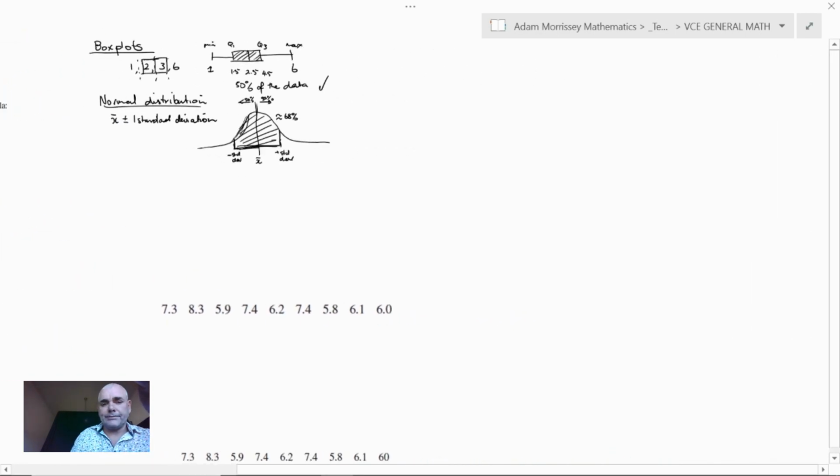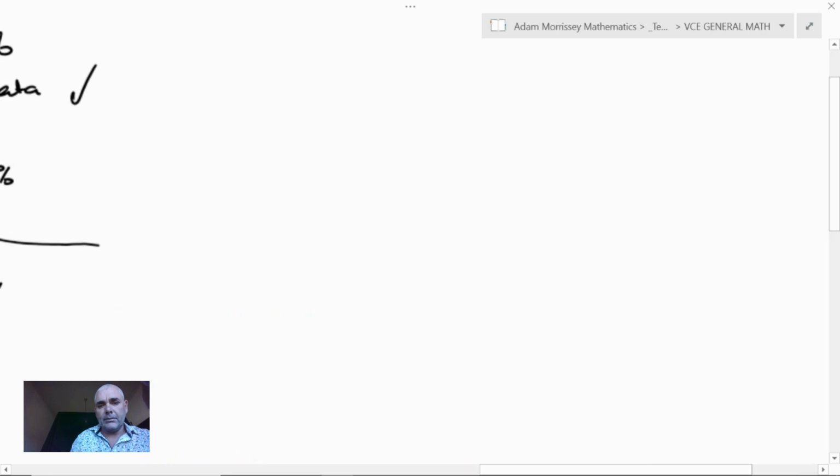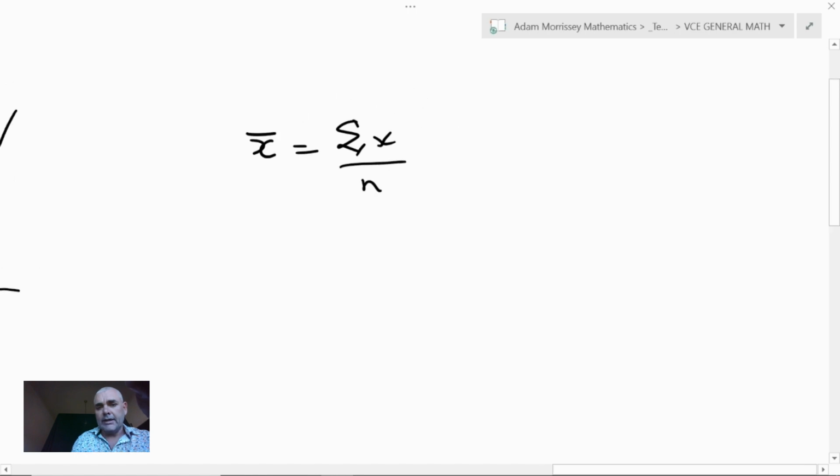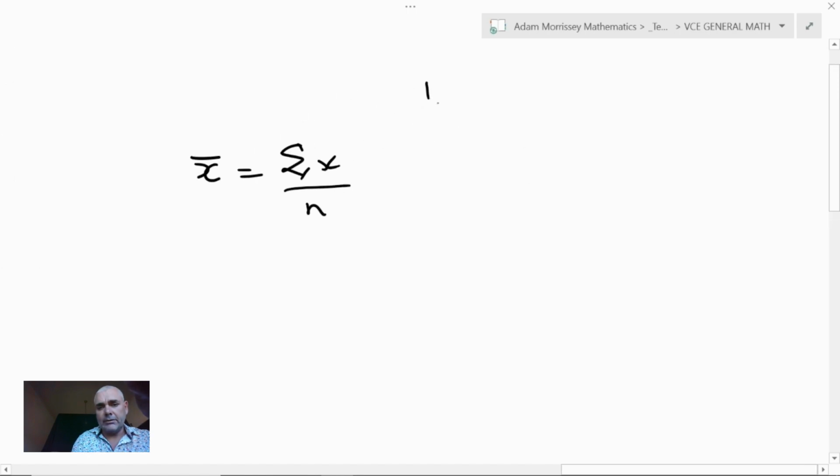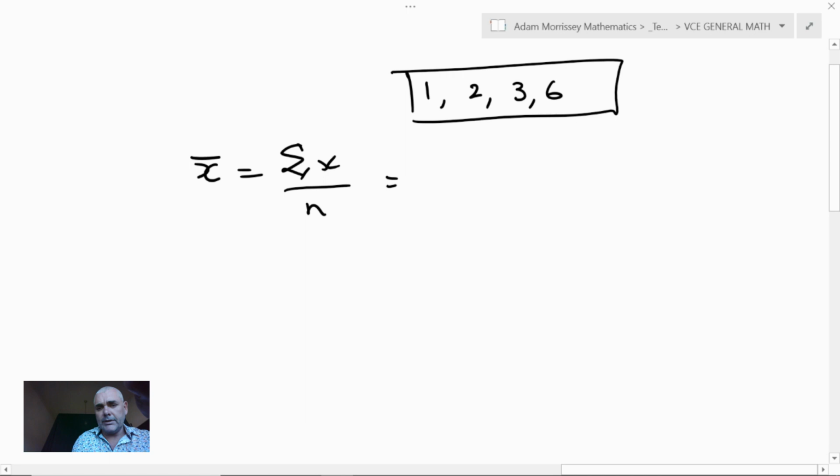So we're going to write down the mean, or x bar, which is the sum of the x values divided by the number of data points that we have. Now, our data set was 1, 2, 3, and 6. So perhaps we could do this by hand.